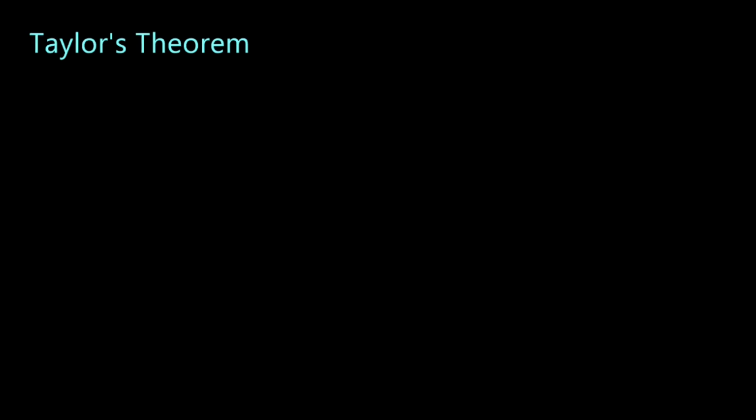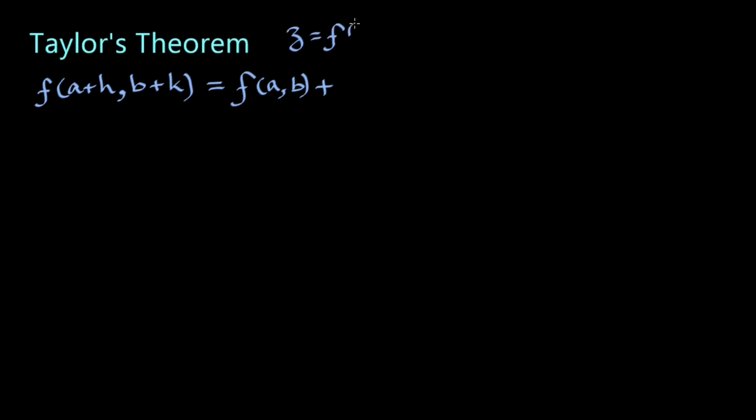Now by Taylor's theorem, we expand f(a+h,b+k) as f(a,b) plus, since z is a function of two independent variables x and y, we have to partially differentiate with respect to x and y.